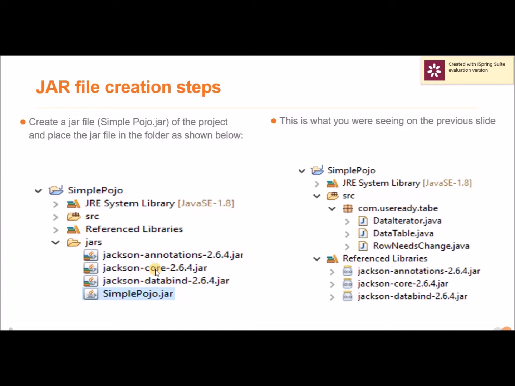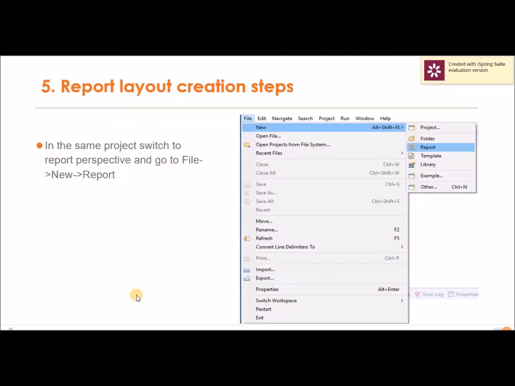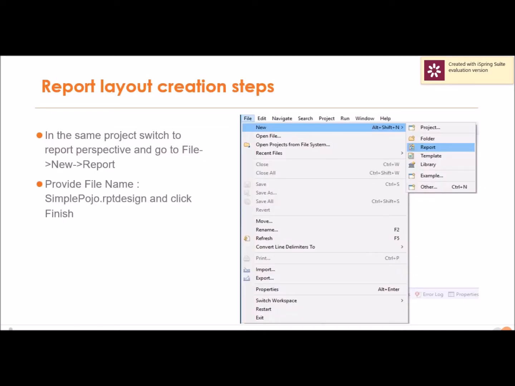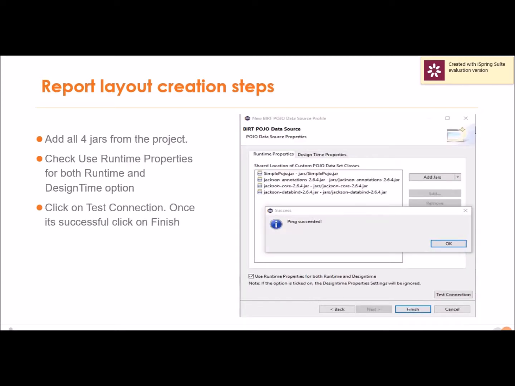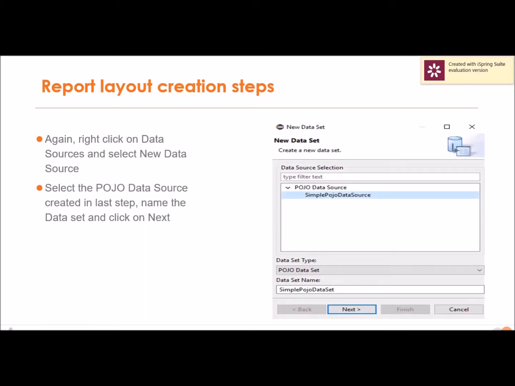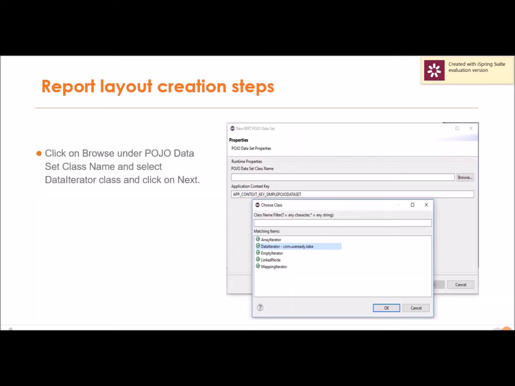Then we drag these 4 jars, ping succeeded, created a new report, simple POJO. This is how you can call it. You can call it anything you want. Then we created a data set after creating a data source. And we picked this one, datalator.